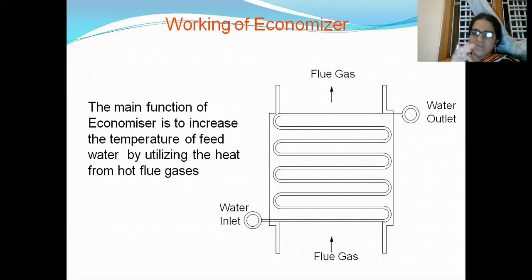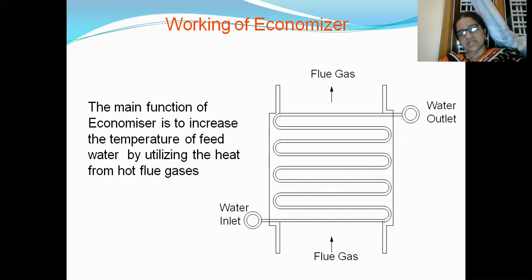The temperature of the flue gases will help the superheater, economizer and air preheater. How will they help the economizer? The main function of the economizer is to increase the temperature of feed water by utilizing the heat from hot flue gases. As these flue gases come out of the boiler, they will have a high temperature.